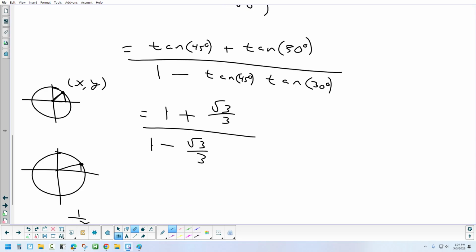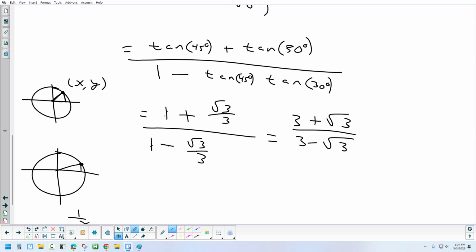So we just want to make sure we don't have any fractions within fractions right now. Yeah, just multiply everything by 3. Then you've got 3 plus root 3. Okay, that's better, because there's no fraction. And then 3 minus root 3. Okay, so that's a better answer.